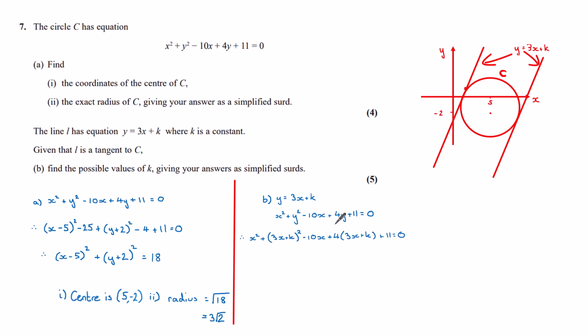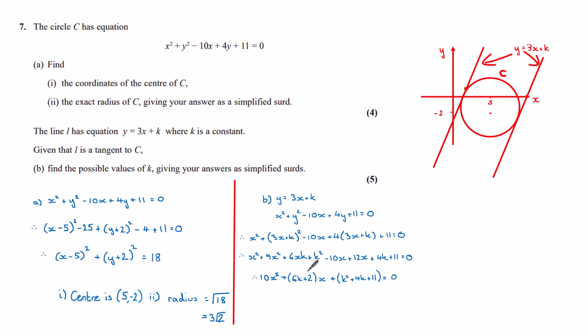Putting y into this equation gives me x squared plus y squared, 3x plus k all squared, minus 10x plus 4 lots of 3x plus k plus 11. Expanding the brackets here gives me x squared plus 9x squared plus 6xk plus k squared minus 10x, and then expanding these brackets, plus 12x plus 4k plus 11 is 0.